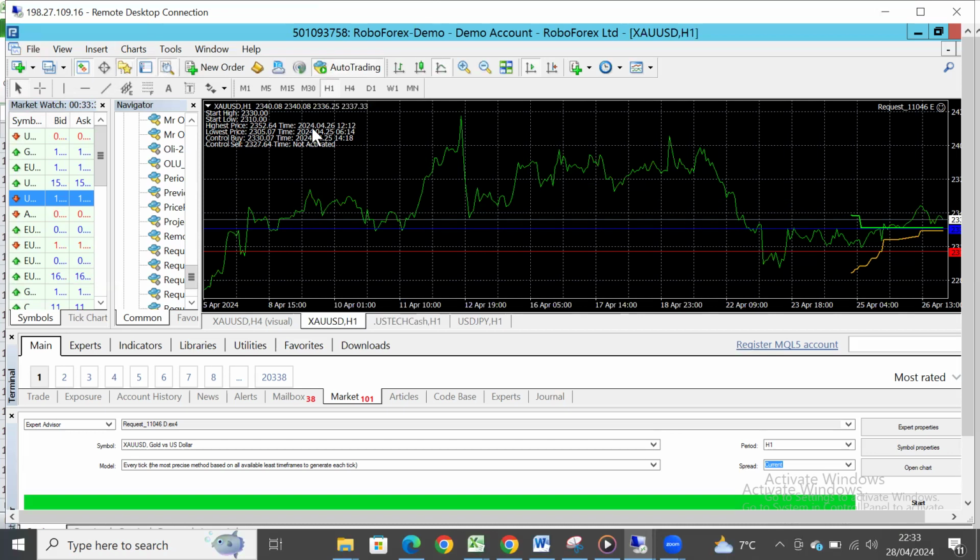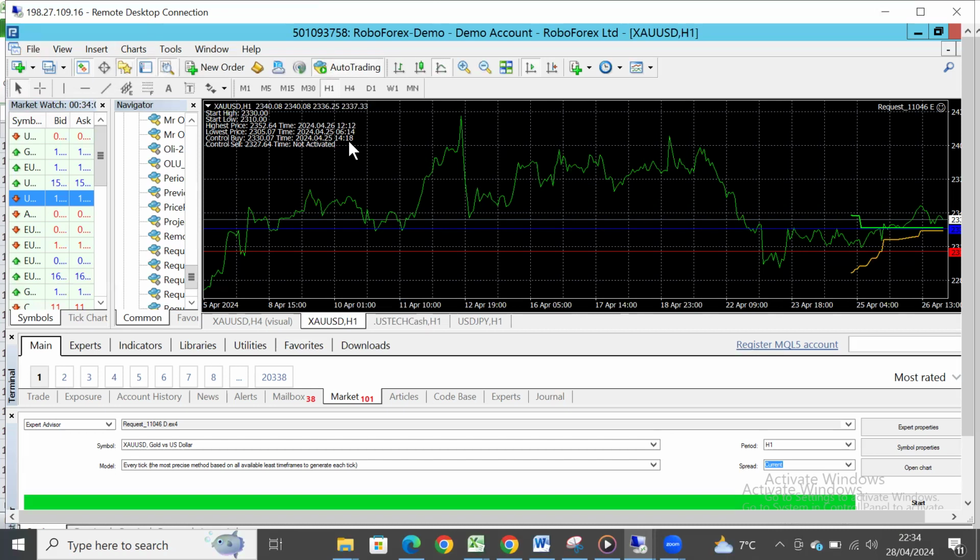So as you can see here, the highest price was achieved on the 26th at 12:12. The lowest price was achieved on the 25th at 6:14, and then the control buy was achieved on the 25th as well at 14:18.